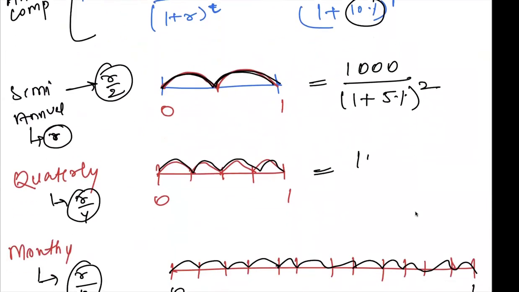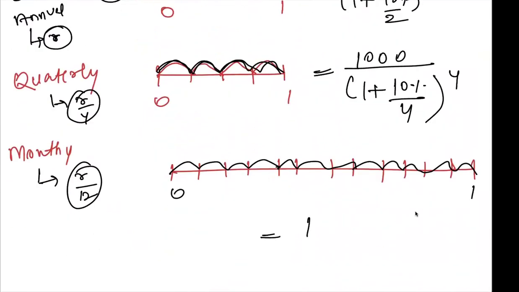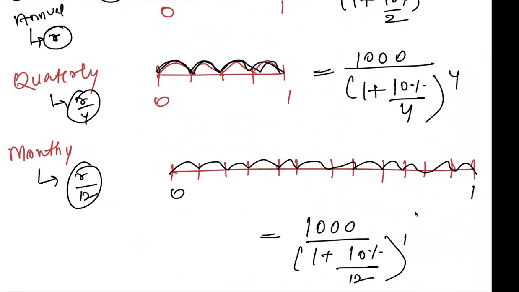Similarly, for quarterly, 10% by 4. Okay, so let me write this 10% by 2, 10% by 4, and how many times is it compounding in a year? 4 times. Similarly, 1000 by 1 plus 10% by 12, raised to the power 12.